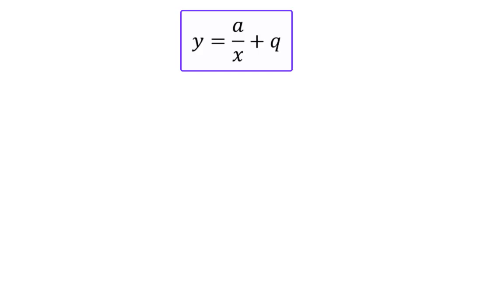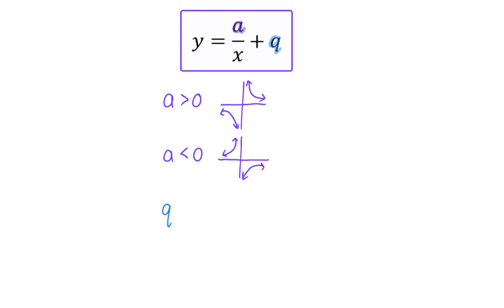So we've now seen that when the a value is positive or bigger than 0, the two parts of the hyperbola will be in the first and third quadrant. And if this a value is negative or smaller than 0, the sections will be in the second quadrant and in the fourth quadrant.